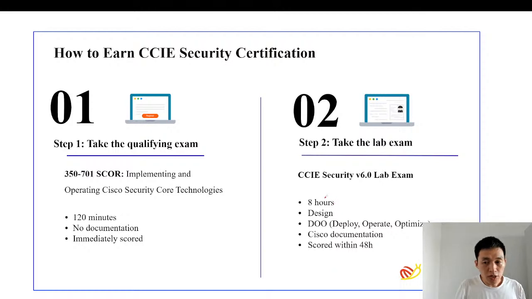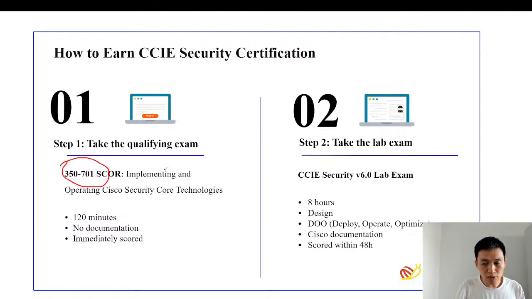To earn the CCIE Security certification, you need to pass 2 exams, the qualifying exam and the lab exam. The first one, which is also called the written exam, has the exam code you can see right here. It is a 120-minute exam with around 100 questions, containing 3 types of questions: multiple choice single answer, multiple choice multiple answers, and drag and drop.